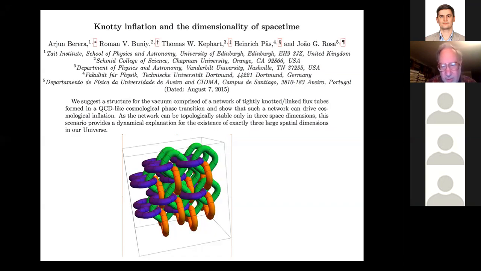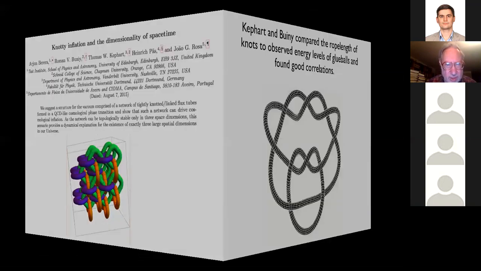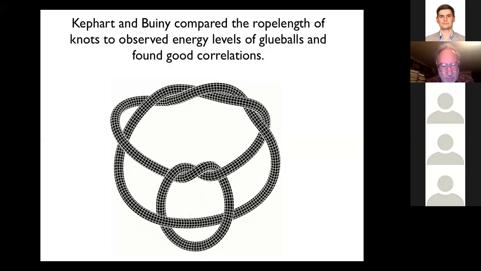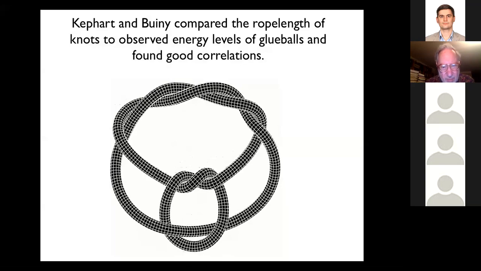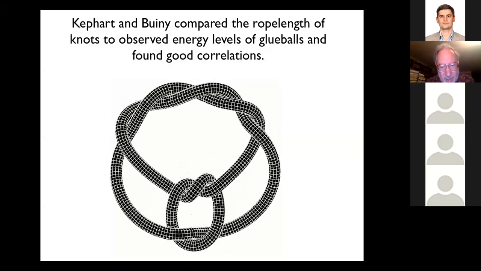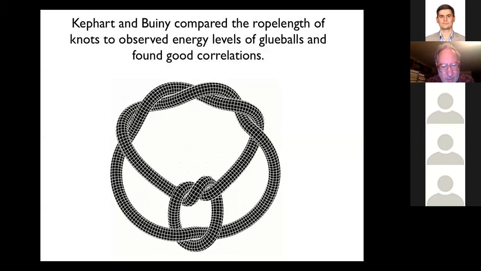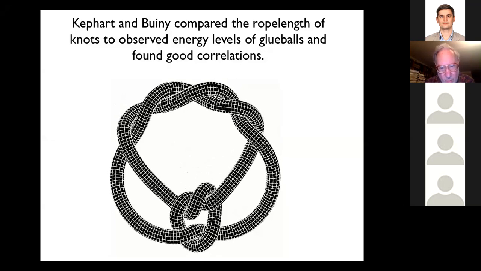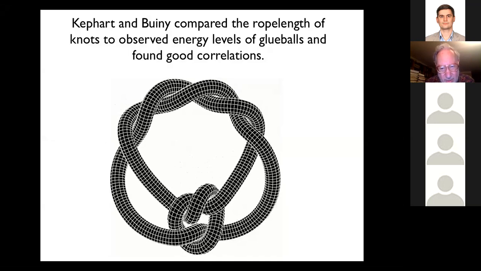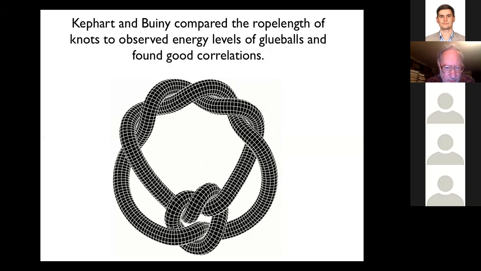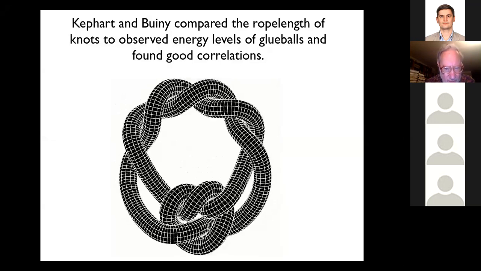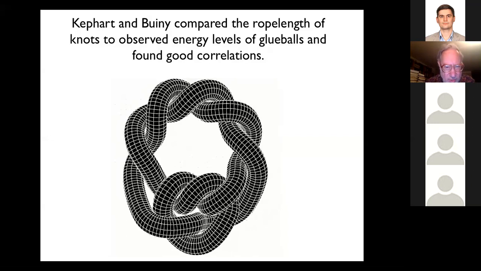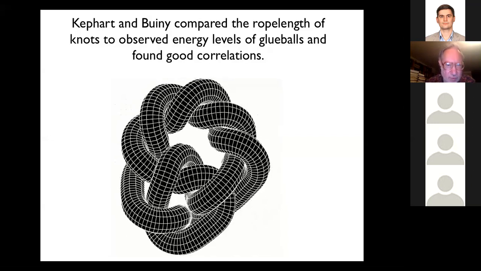And we can do computer experiments. Knot theorists do computer experiments where they try to find the least tightened form of a knot. And that could be measured, at least empirically, through the computer by examining the length of rope needed and the diameter needed, and taking the ratio of the length of rope to the diameter, that being called the rope length, but it's actually the scale-free rope length.